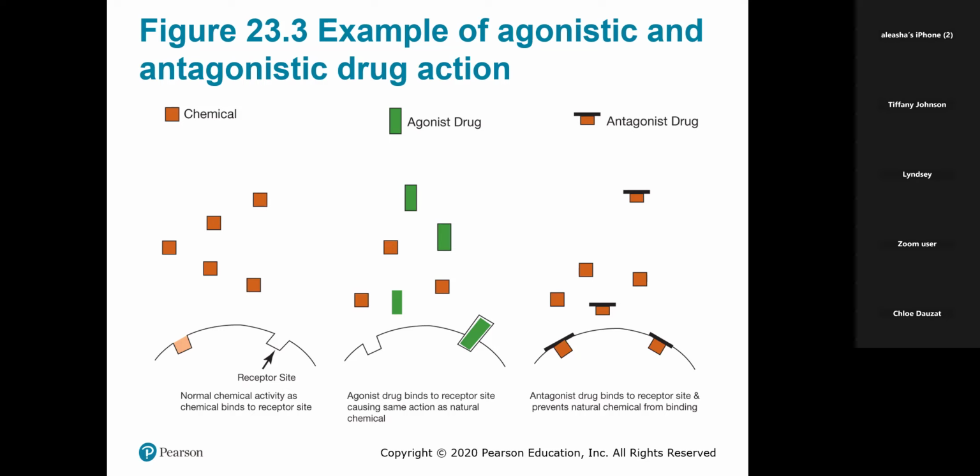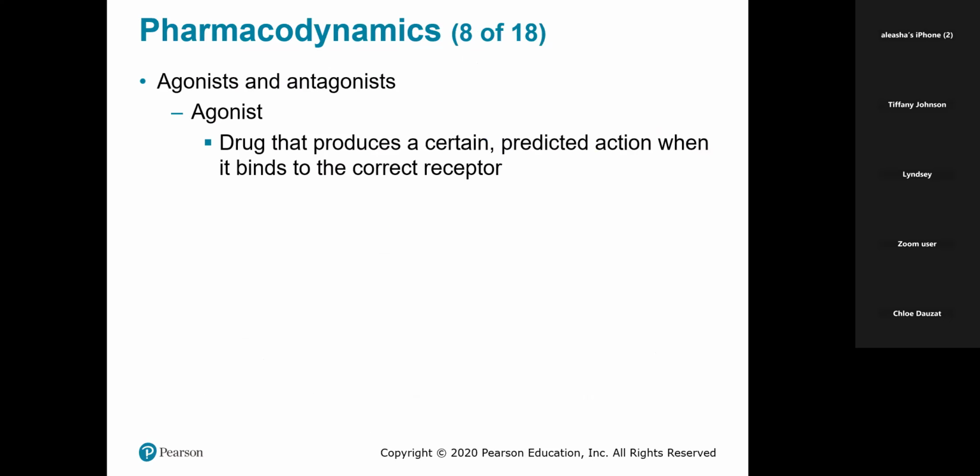And then the semicircle on the bottom right corner is showing you the antagonist drug, how it fits into that receptor site. But because it's like that upside down hat, it literally will block anything else from attaching to that receptor site. Thus, it prevents natural chemical from binding to that site, or if there's another competitive drug, it'll prevent that other drug's action.